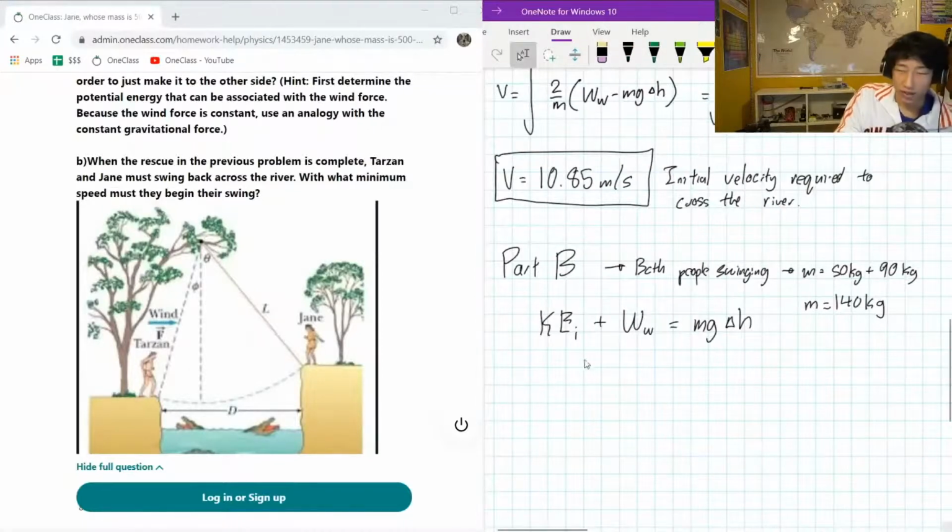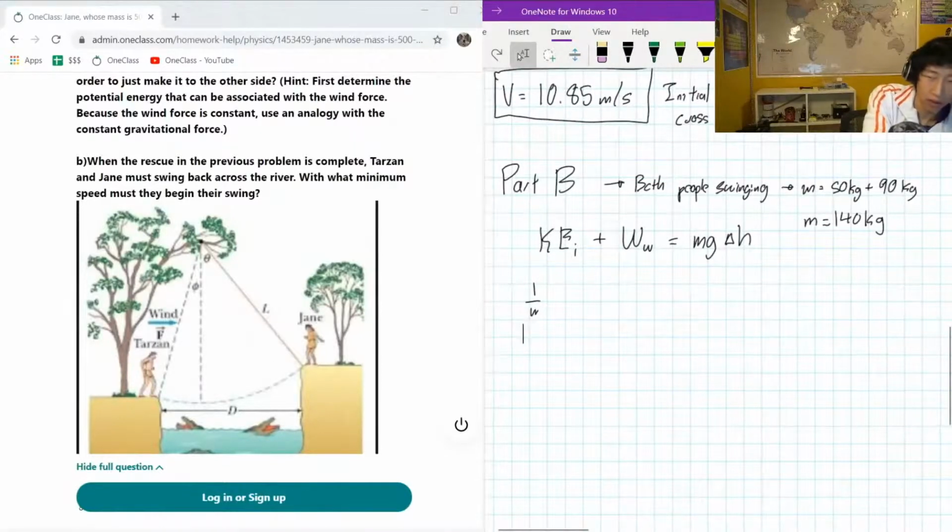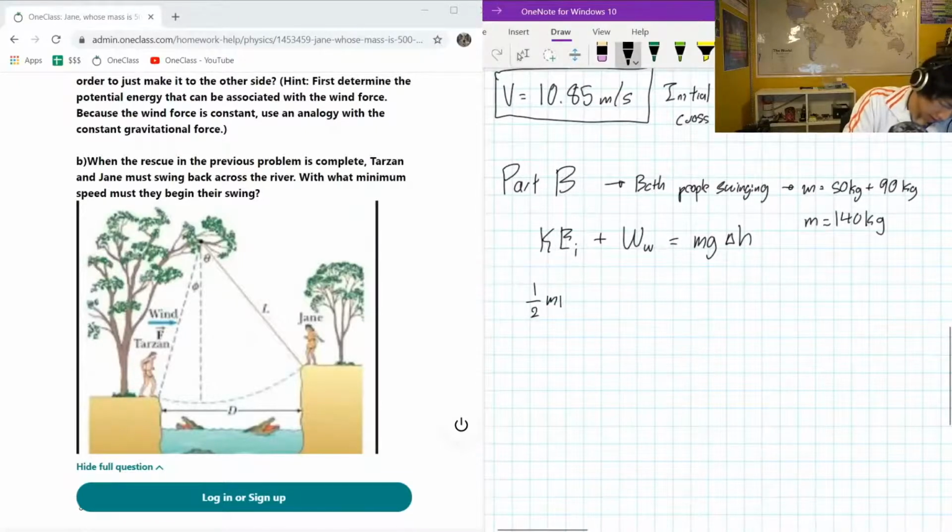Cool. So let's turn these symbols into equations. So here we got 1/2 mv squared plus the work done by wind is equal to mg delta h.